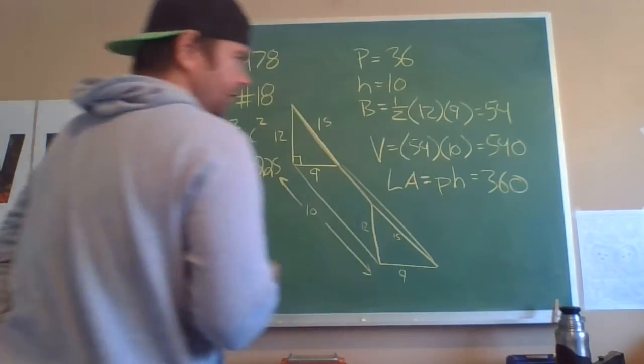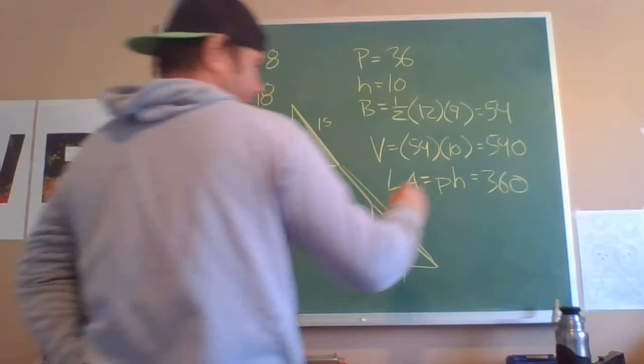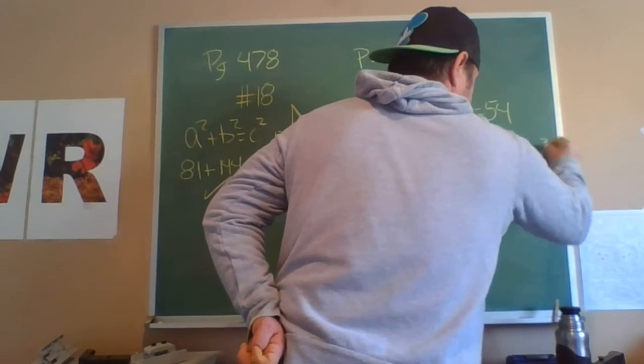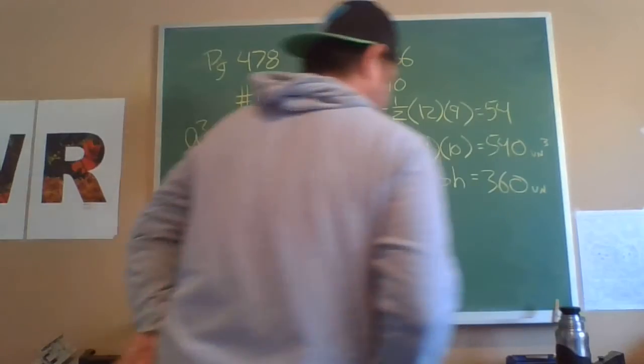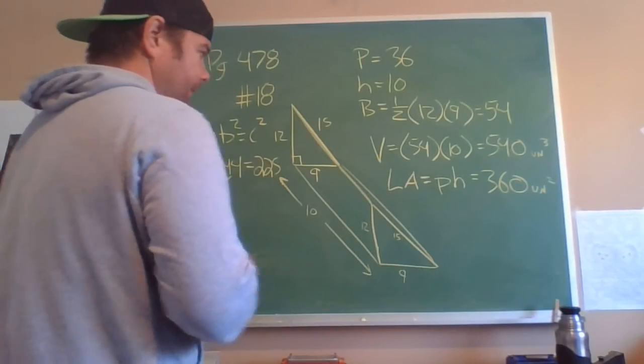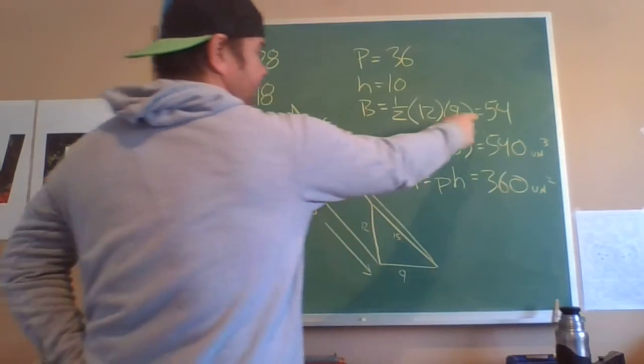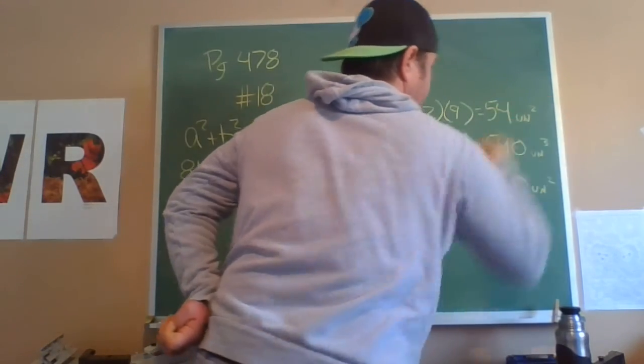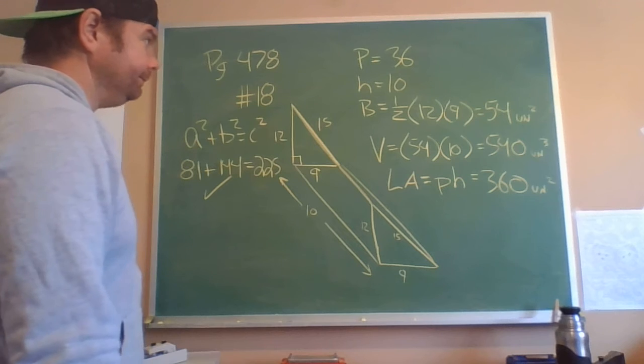That's 360. And I should say this is units cubed, and that's just units squared. The area of the base we've got is 54 units squared.